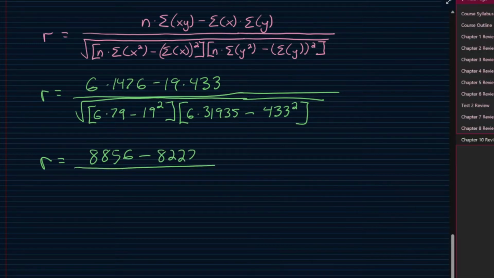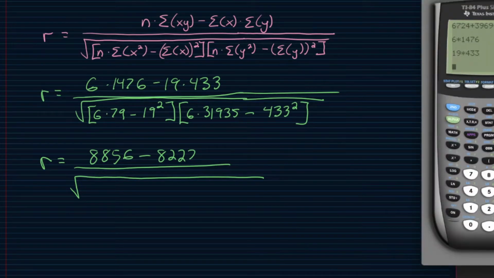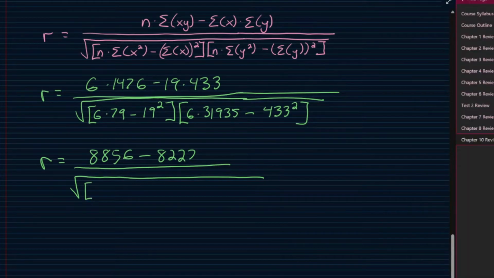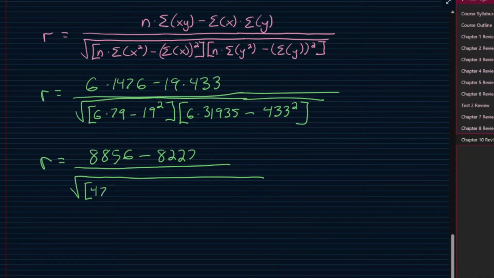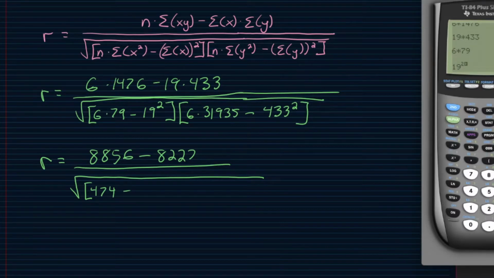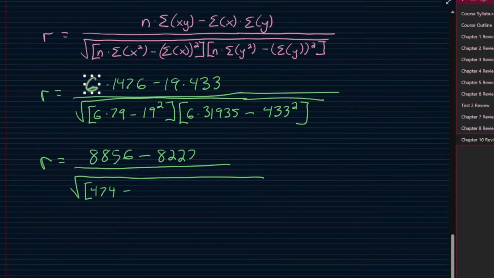This is all over the square root of, so let me calculate the whole first bracket. 6 times 79, that's 474, minus 19 squared, which is 361.